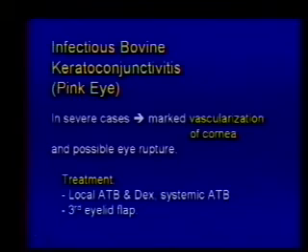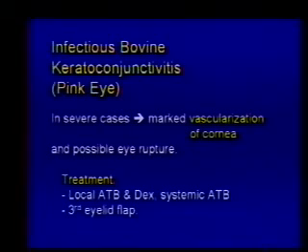This is usually a condition in young animals, 3 to 6 months of age. If you have a group of 10 calves and 1 or 2 begin with the signs of pink eye, what you want to do is treat the affected calf with a local antibiotic, a subconjunctival treatment.